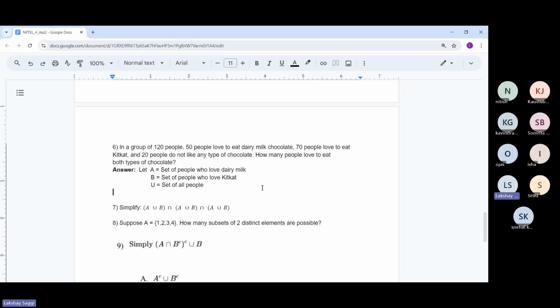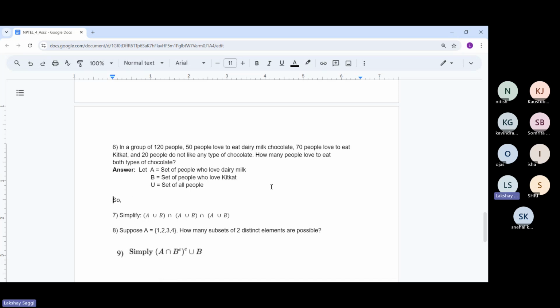Okay. So what does the set A intersection B denote then? So if we have these three definitions, what will the set A intersection B denote?